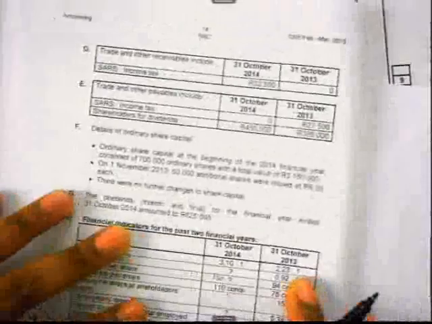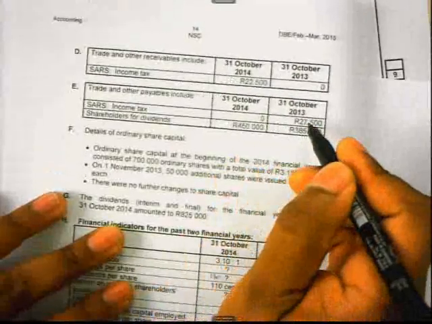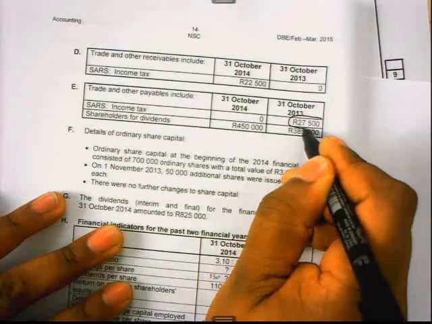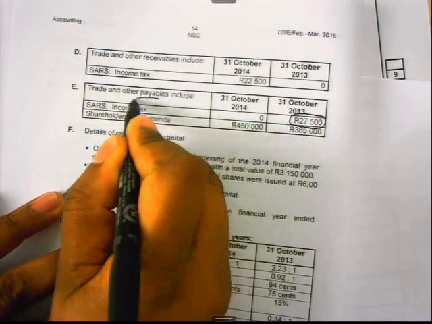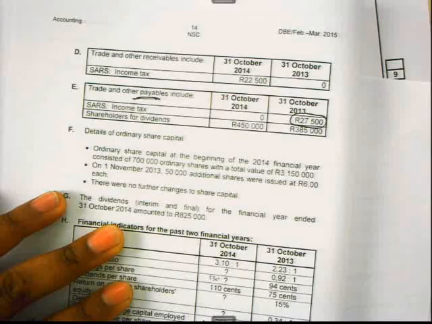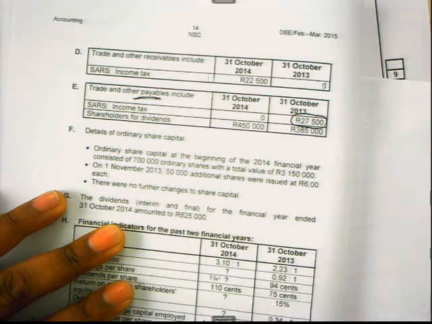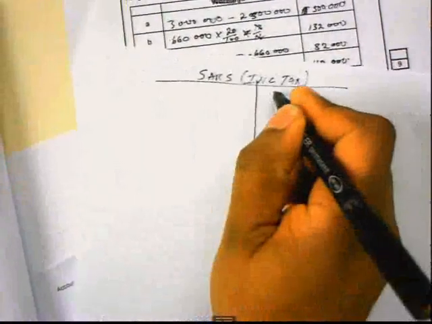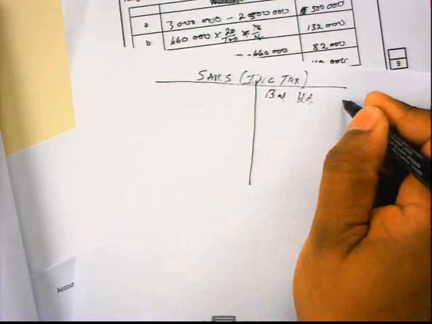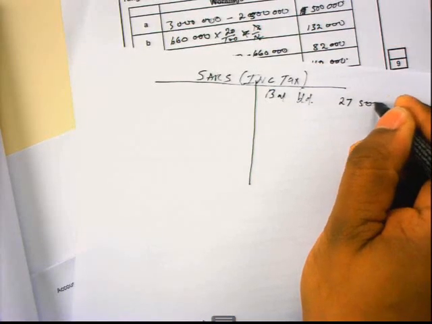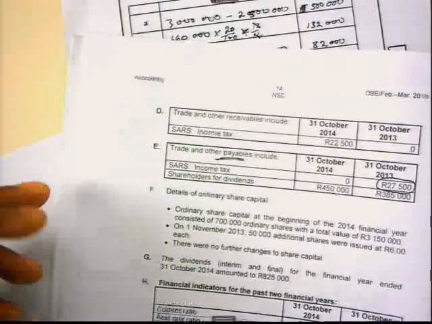The balance of SARS at the beginning of the year, there it is, 27,500. And it is under trade and other payables. Can you see that? It is under trade and other payables, which means it will be on the credit side. And then you say balance brought down 27,500. That is at the beginning of the year.